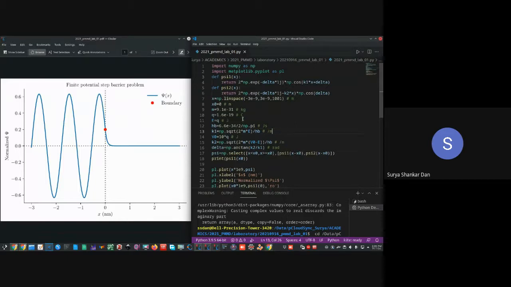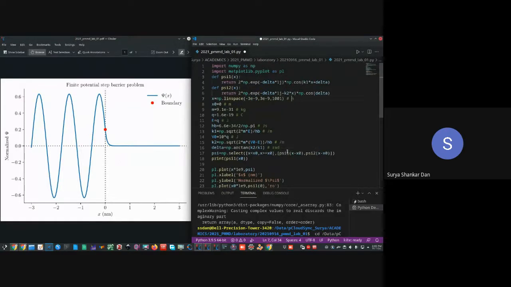So let's begin with electrons. I know the electron mass. This is of course the rest mass, and I have highlighted that it is in kgs. These units will help you a lot. If you are writing the program in terms of nanometers, make sure that you are not putting e power minus 9 over here.